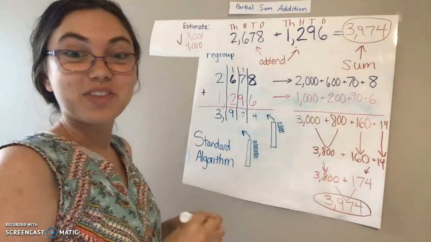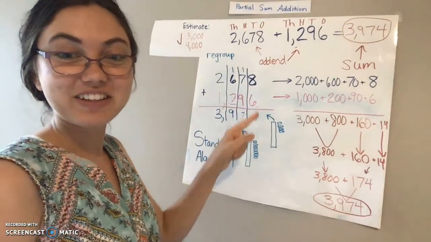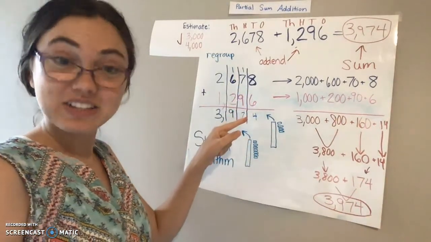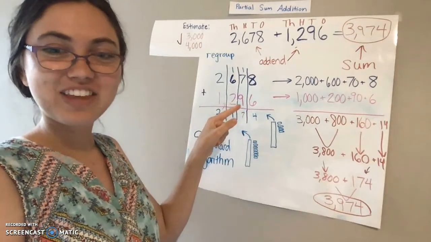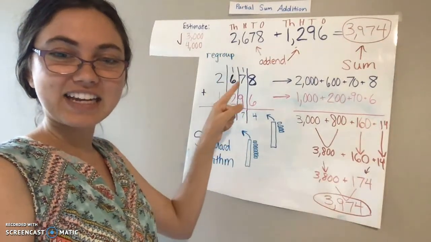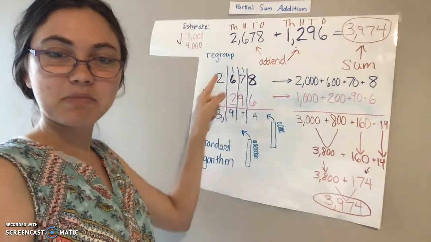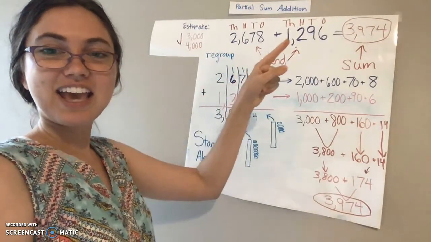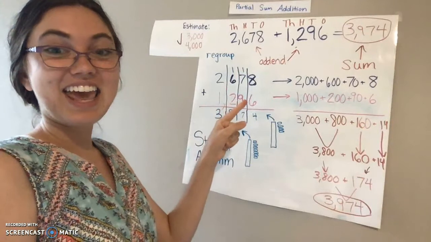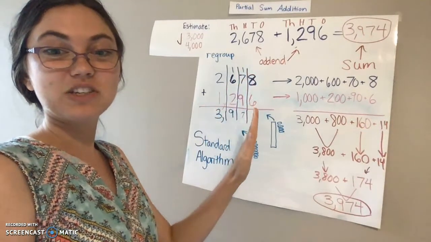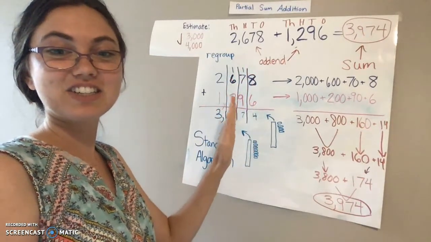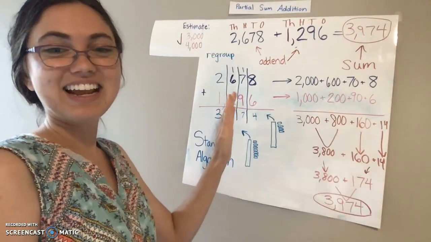So remember, with this standard algorithm method, we still used place value, didn't we? We still brought our first addend down, our symbol for addition, and our second addend, and then we split up the columns into 1s, 10s, hundreds, and thousands.